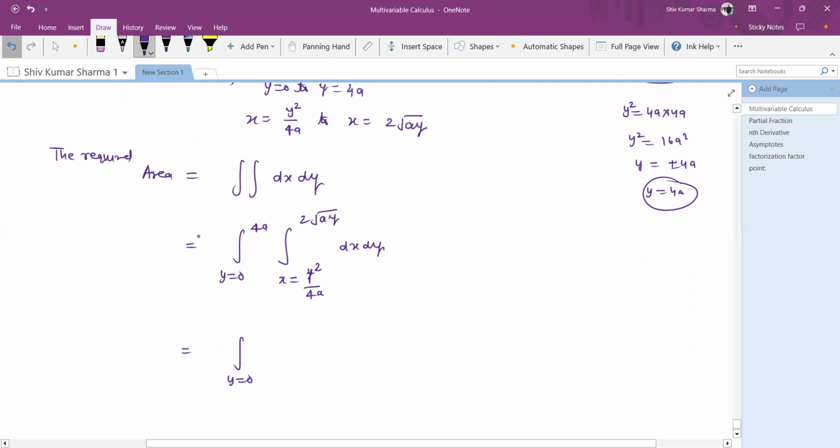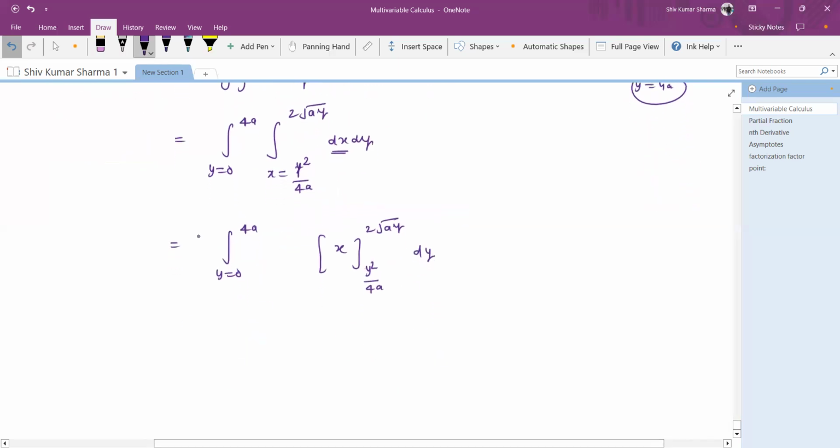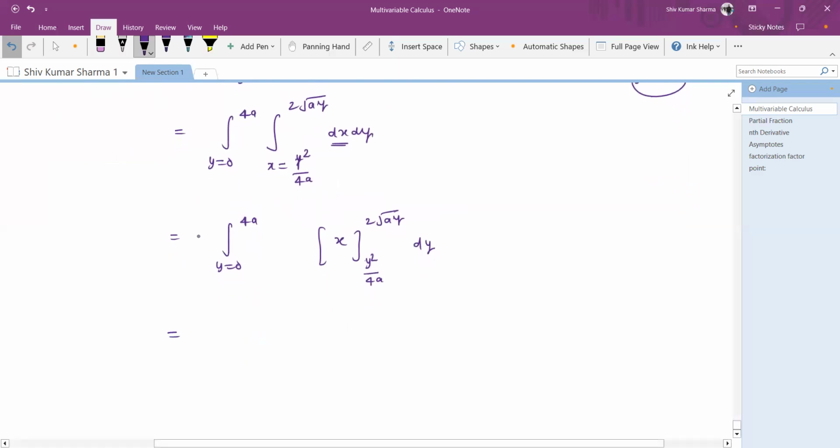Integration of dx is x, and taking the limit from y square upon 4a to 2 root ay into dy. So first putting the limits, this gives us 2 root ay minus y square upon 4a into dy.